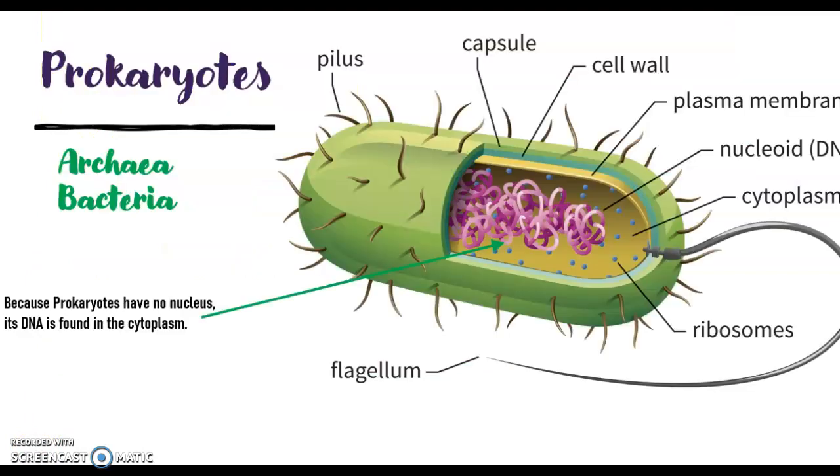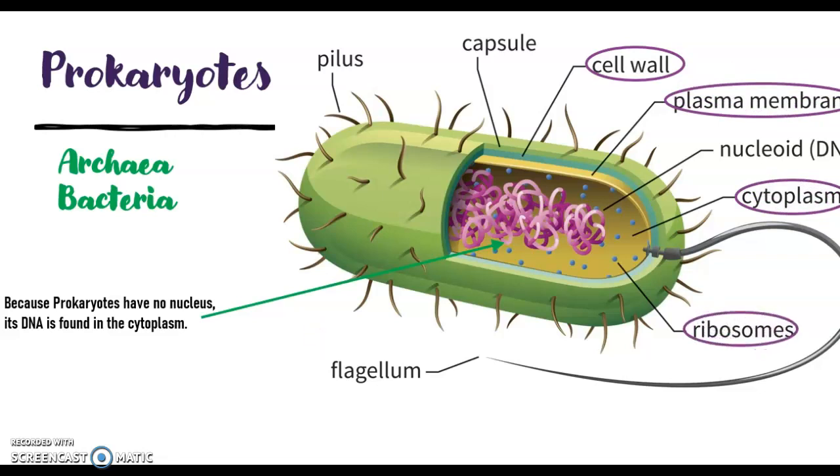Well, let's look at prokaryotes. Just like that chart, archaea and bacteria are examples of prokaryotes. So in this case, the nucleus, I'm sorry, there is no nucleus, but it does have DNA, as I'm circling it here, right here with my arrow, and it has a cell wall. The cell wall protects it. It has a plasma membrane, also known as the cell membrane, cytoplasm, and ribosomes.